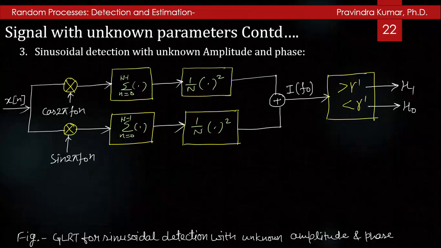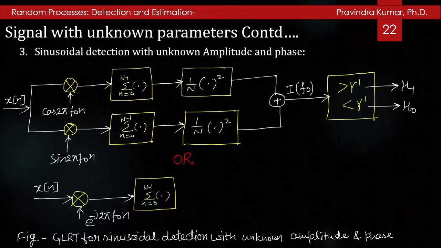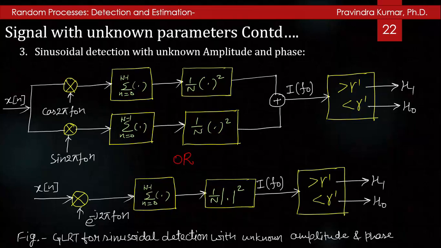Or in exponential form, the block diagram can be represented as: take x[n] and e^(-j2πf0n), which involves both sine and cos, take the summation and the whole square of this total term, and we get the periodogram.